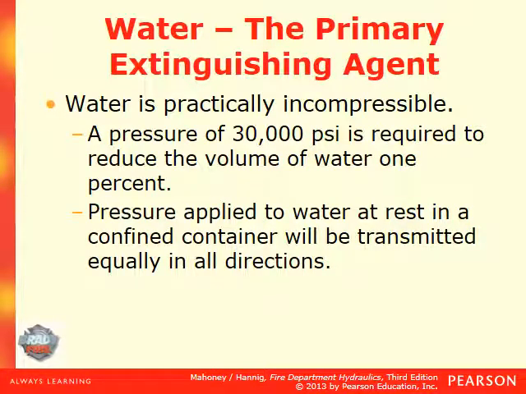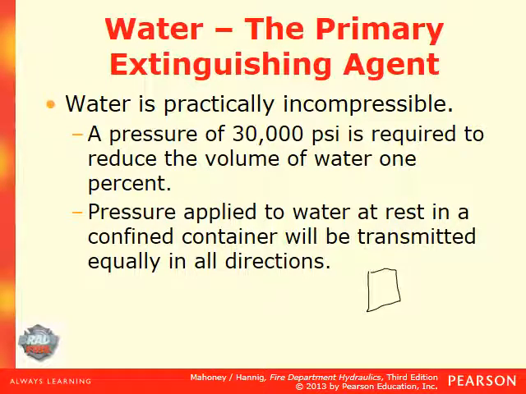Water is practically incompressible, meaning you take water and you try to smash it and it ain't going to happen. It's just going to spread out. It actually requires a pressure of 30,000 psi to reduce the volume of water by just 1%. So that would be like taking water and putting it in a sealed container, and if you wanted to reduce its size by 1%, you would have to push down on the top of that container with 30,000 psi.